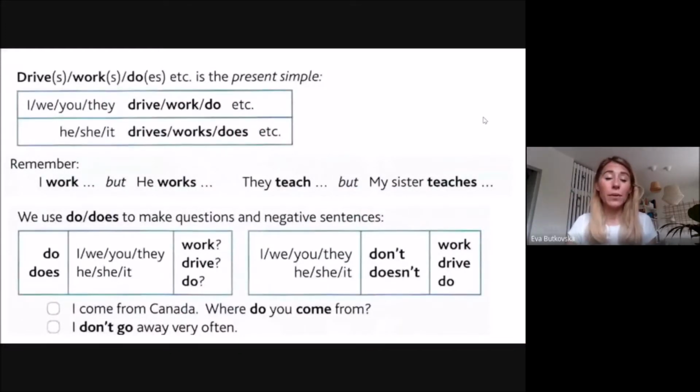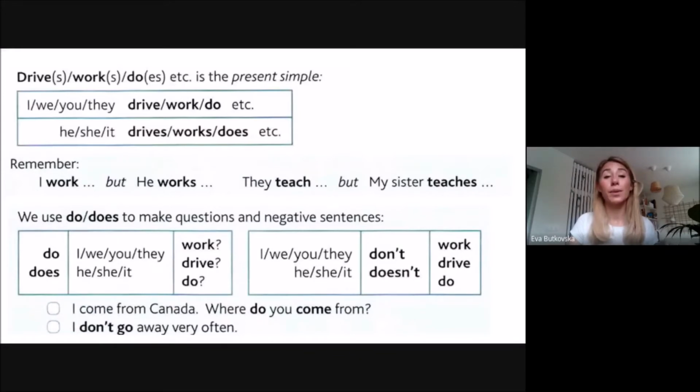Let's look at the structure of a present simple. So it's easy if you want to create a sentence using present simple. Just use the pronoun I, you, he, she, it, and etc. Then we add the verb and then the rest of the sentence. Here comes one thing: we need to add the s at the end if we use the pronoun he, she, or it.